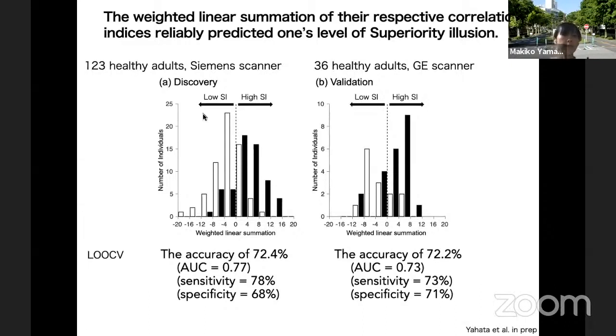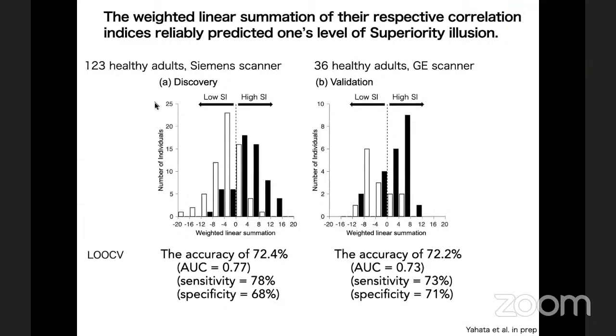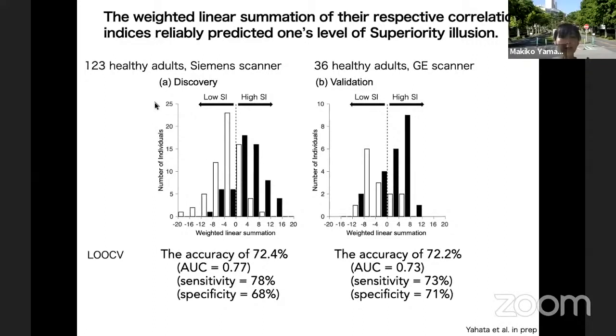In the discovery set of data obtained from 123 subjects using a Siemens scanner, leave-one-out cross validation indicated an accuracy of 72.4% in identifying high or low superiority illusion.